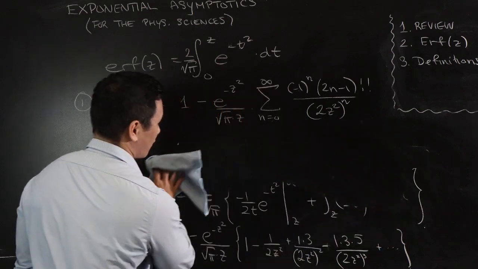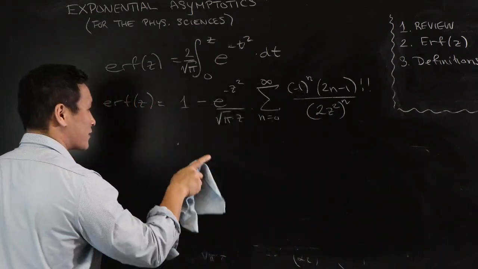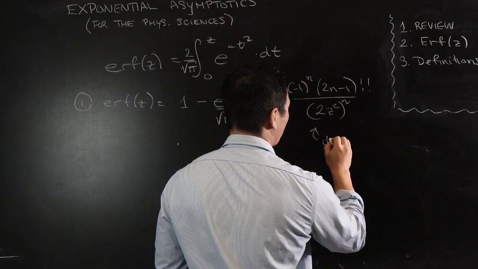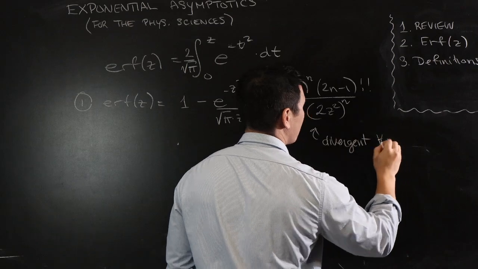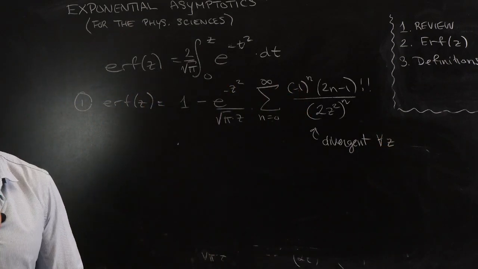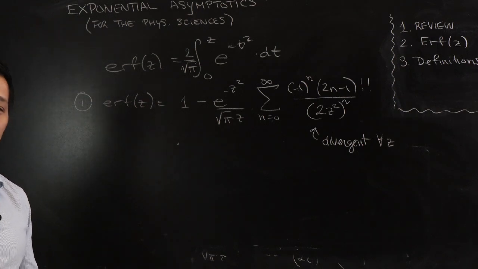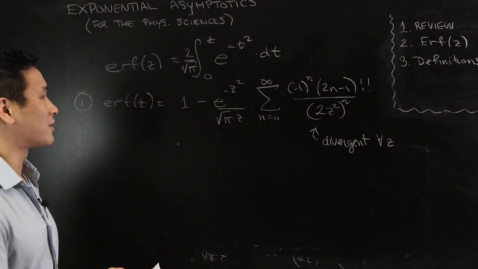So the way that we would teach our undergraduates is that this is a bad series. So this is divergent for all z, with a 0 radius of convergence. Right?